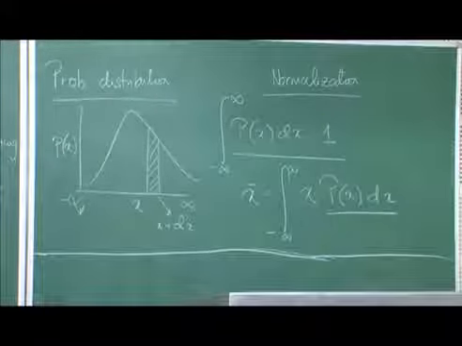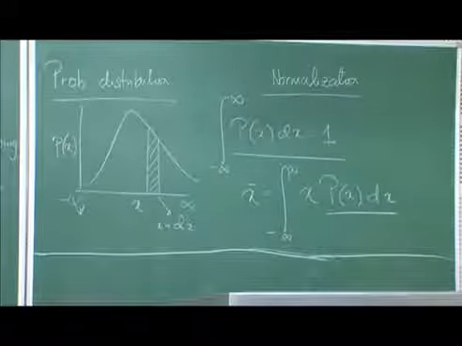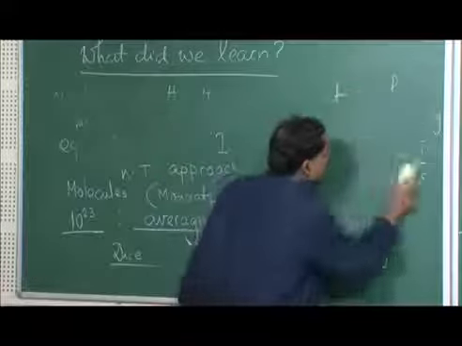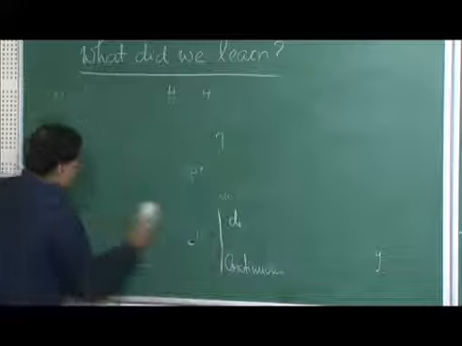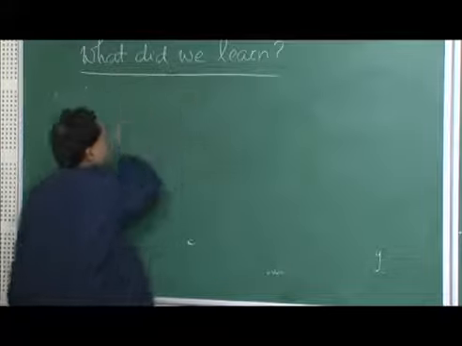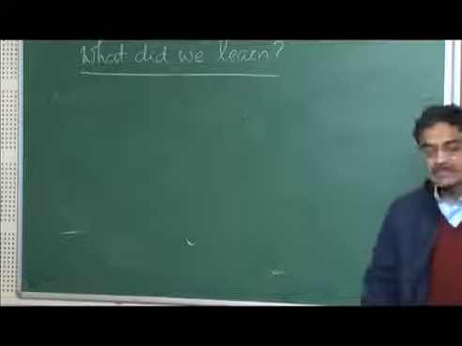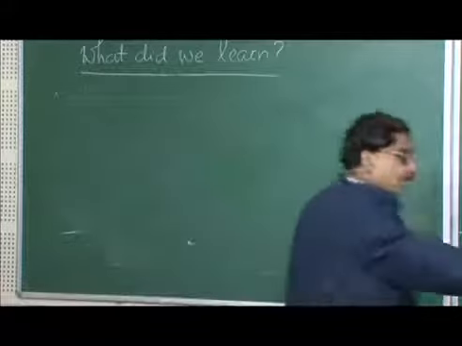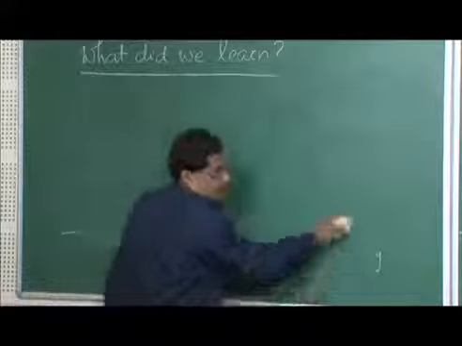Now, in kinetic theory, we will be encountering situations like this. I cannot talk about the velocity of a molecule; rather, I can talk about the velocity distribution. This is beyond us, but let me just, for the sake of completeness, tell you about the probability distribution of, let us say, the x component of velocity.